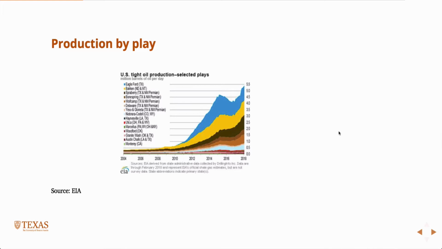Now, the Permian Basin is broken down into the Spraberry, Bone Spring, and Wolfcamp, so it's these right here, and if you add them all up, they would compete with the Eagle Ford. But the Eagle Ford still is the major shale play in the United States. So these are tight oil plays.